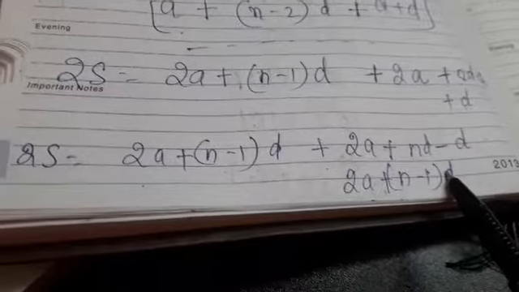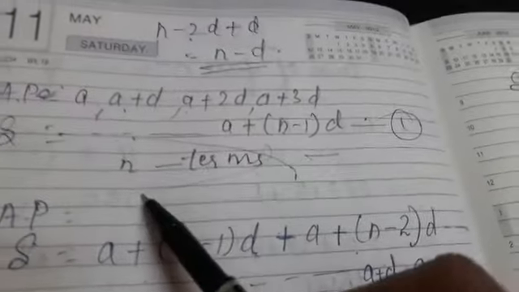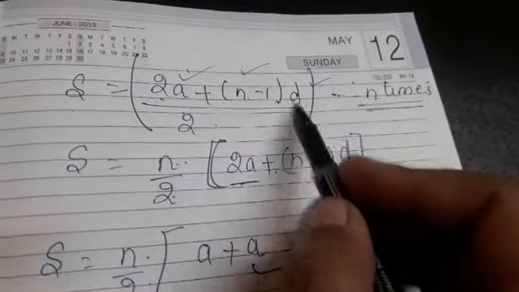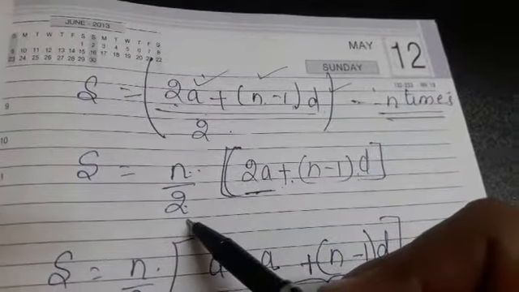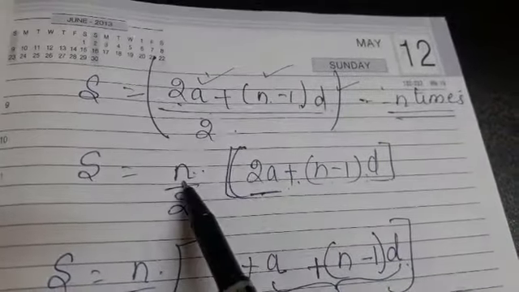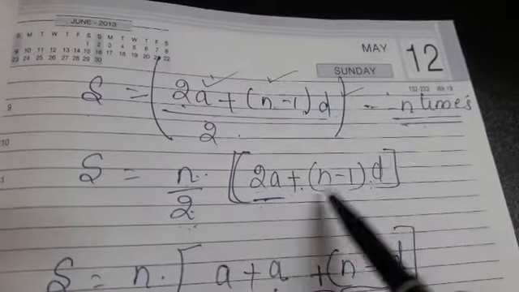How many times? N number of times, because the number of terms we have considered is n. Therefore 2a plus n minus 1 d upon 2 will give you n times, so this n will come here upon 2, and the formula will be n by 2, 2a plus n minus 1 d.